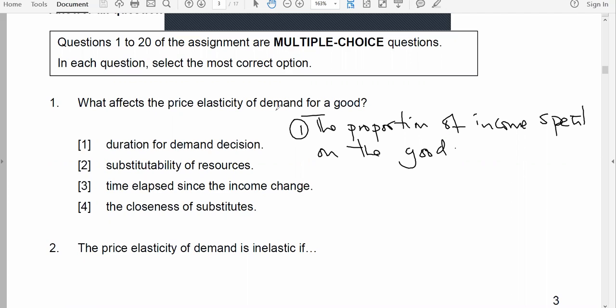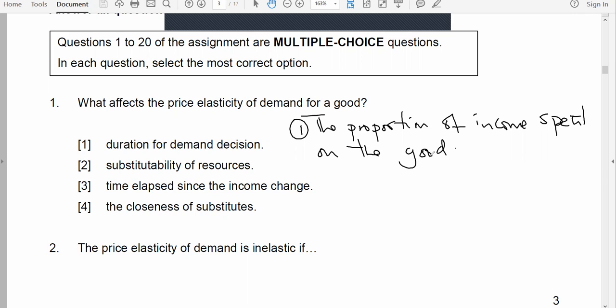So if consumers are spending a larger sum of money to buy a particular product, they become very sensitive to changes in the price. On the other hand, if consumers are only spending a smaller proportion of their income, then if the price of that product changes, they are not very sensitive to that change. Let's think about smokers.